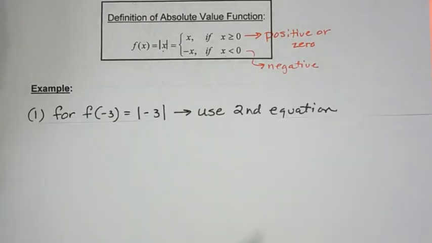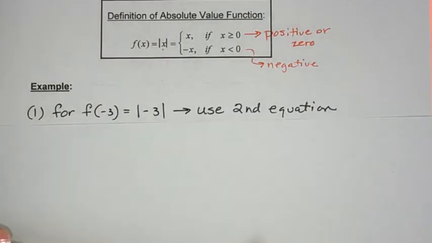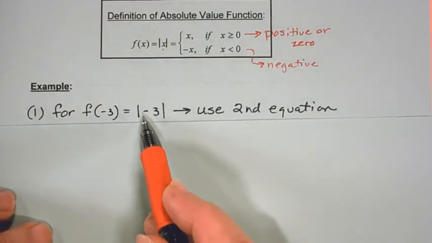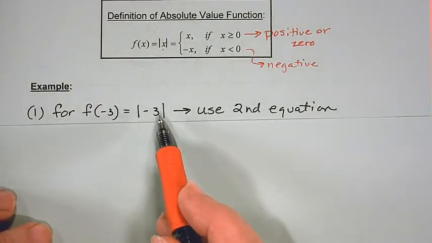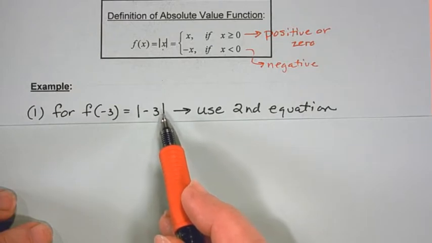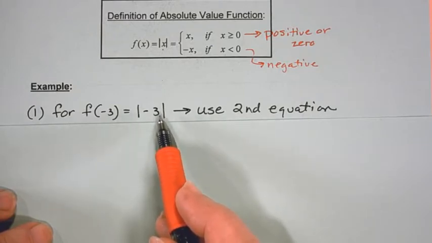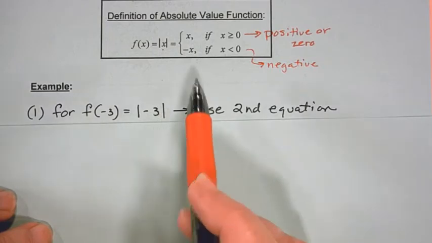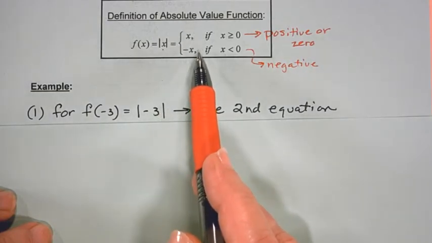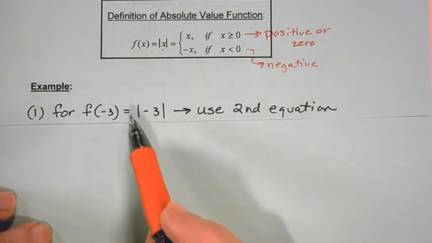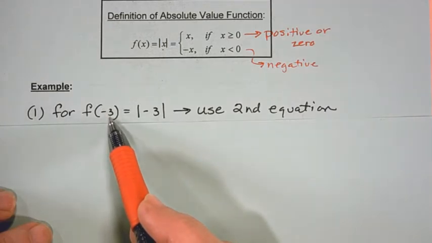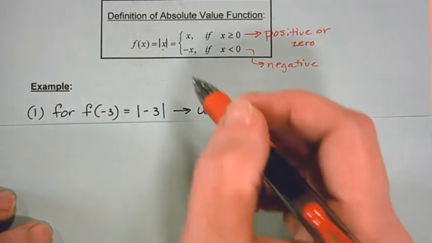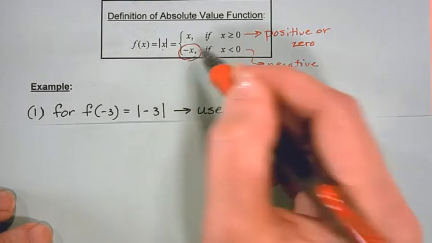Let's look at the first example. Let's say that we wanted to find the absolute value of -3. Well, normally all you do is say, when you take off the bars, if what's inside is negative, you turn it positive. But this definition is what is enabling you to do that. Because the value of x here is less than 0, we use the second equation.